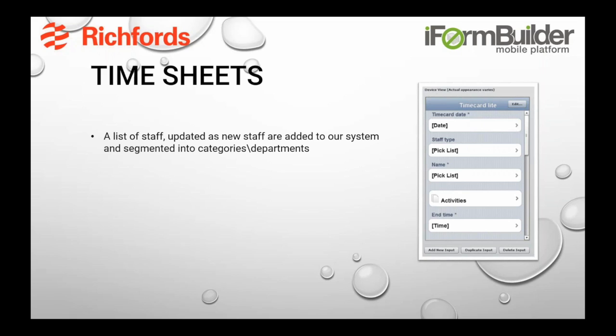The second need was for a list of the projects that are current in the business. This will allow the staff to associate their timesheets with the various projects that they're attending. This has to be updated regularly.